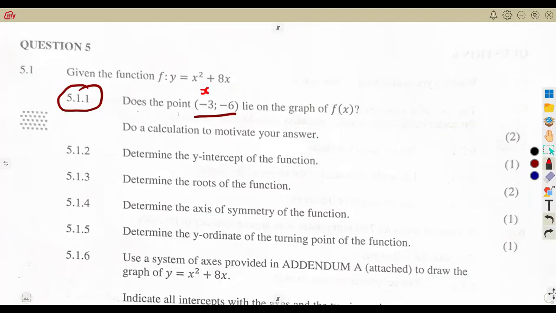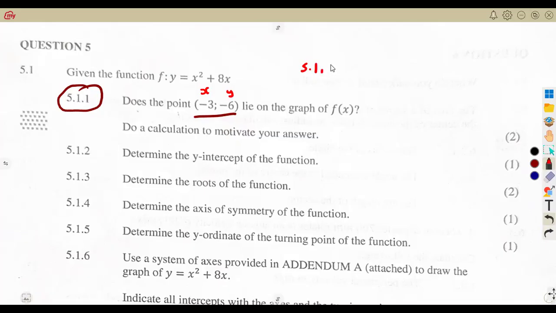What am I trying to say? If we substitute this x value, which is -3, we must obtain our y value as -6, if it lies on the graph. So that is what you're going to test.